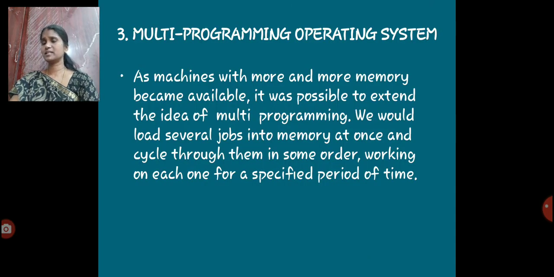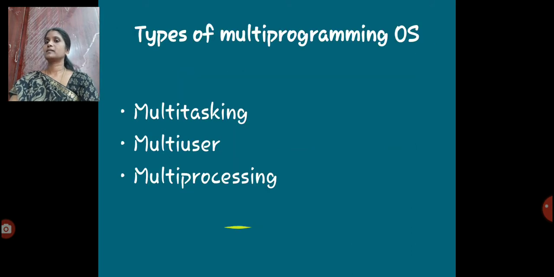Right, here we see the third type of operating system, which is the multiprogramming OS. Multiprogramming OS is multiple programs running on a single operating system. These are the types of multiprogramming operating systems.